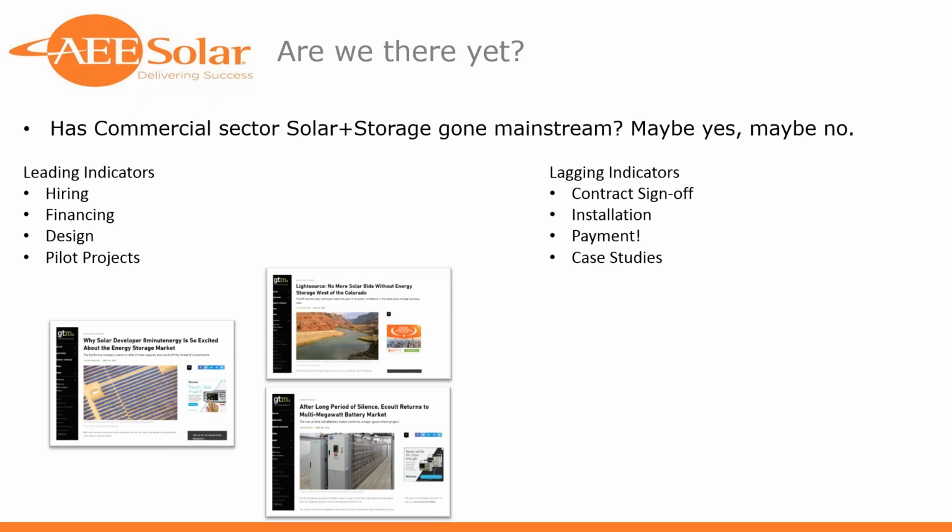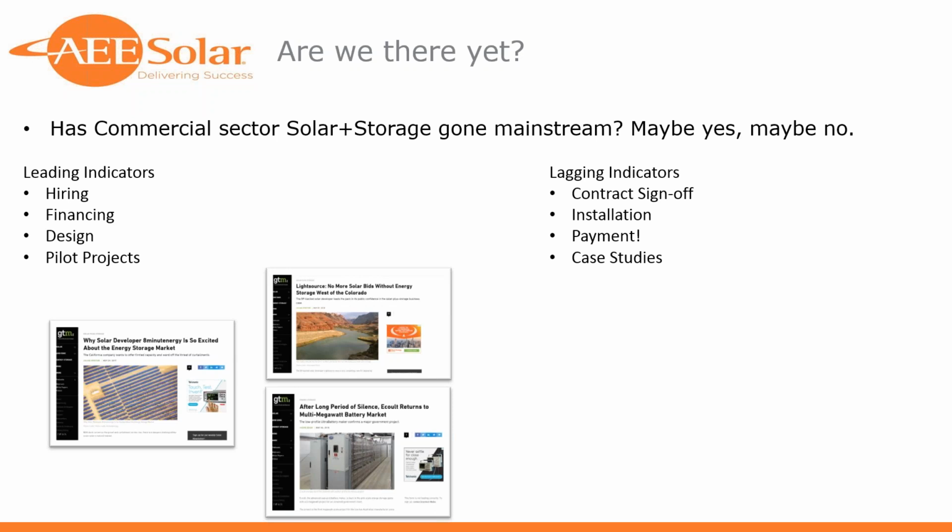Lagging indicators. These are things you're going to look back on and say, oh yeah, that happened. Contract sign off. Well, we're probably not seeing as many of these as we'd all like to. We're not seeing the installs. We're not yet seeing the case studies. We're seeing some of that, but not to the level that would suggest that we've kind of crested the peak or we're at an inflection point.